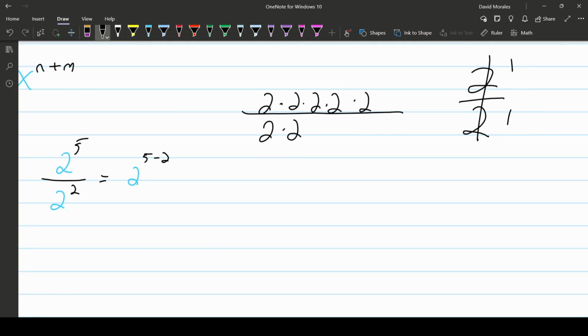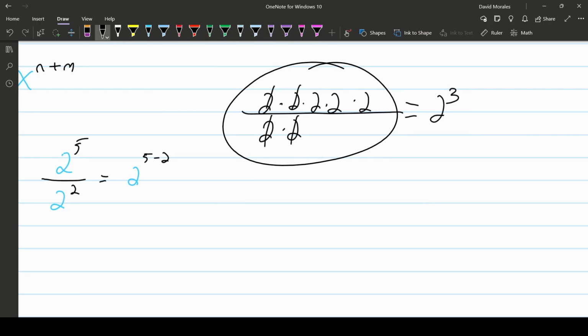It's just 1. So they're just canceling each other out until they run out. And I'm left with three 2s on the top, which is the same as 2 to the third. And what's on the bottom? 1. I would write this, but that's redundant. So it's 2 to the third. And that's why the quotient rule works the way it does.